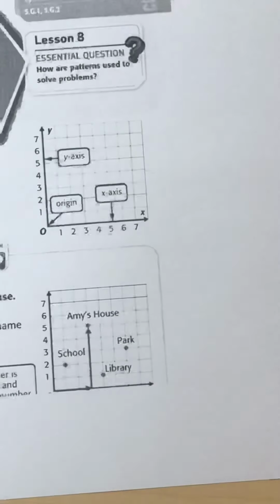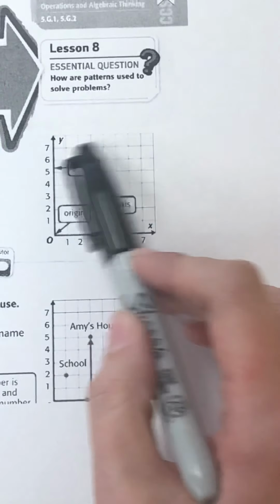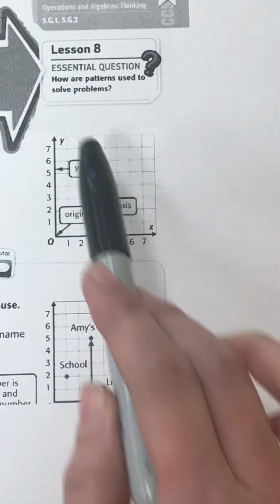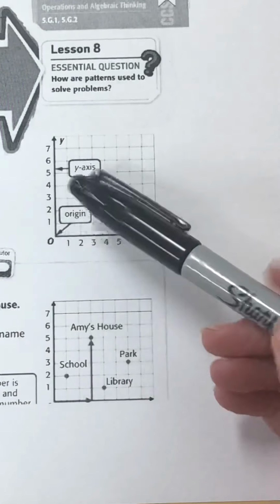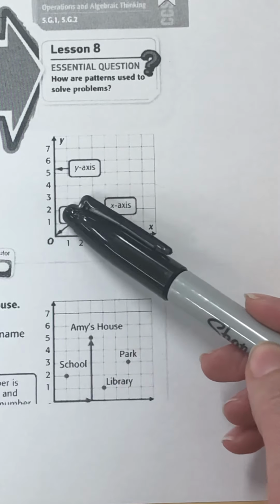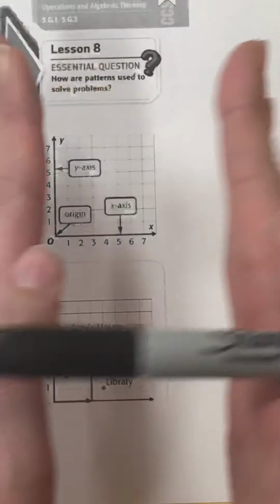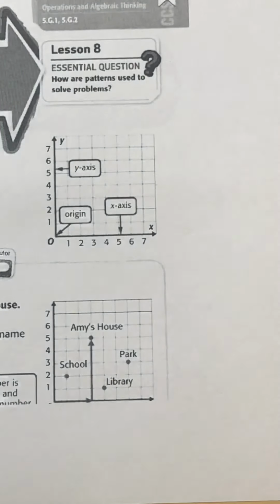For example, right here, this is a coordinate plane. Do you see how there are 2 lines and they're perpendicular? That means you can pretty much put something square right here. So they don't run next to each other like this, but more like this. So that's a coordinate plane.